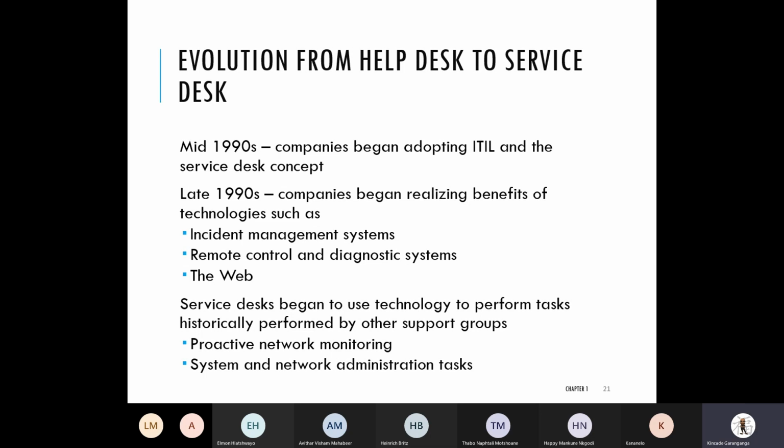So when you go back to the whole issue of the outsourcing that we were mentioning earlier on, remember the whole concept of outsourcing help desks is basically having services provided by an outside supplier, obviously instead of providing them in-house.